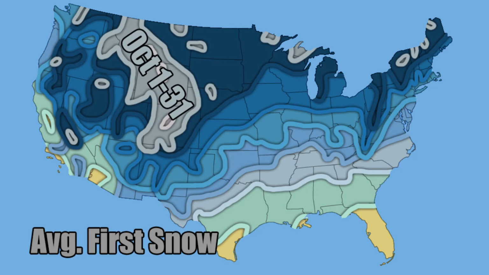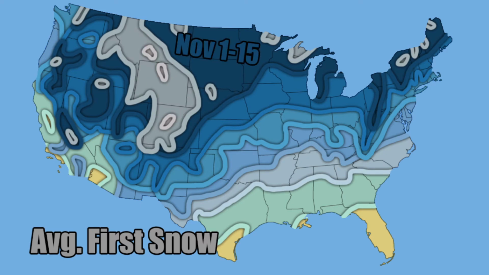Again, most of the areas surrounding the Rockies see your average first snowfall around October 1st to 31st, and then you just see some highly elevated regions dotted across the country where you see your average first snowfall between October 1st and October 31st.